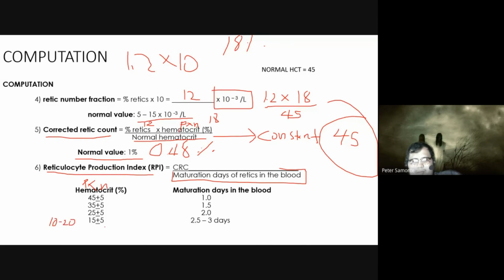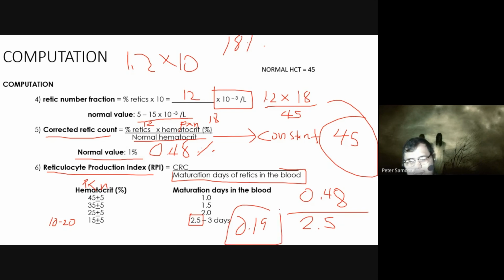From there, we could say that it has 2.5 days. So your CRC is 0.48 divided by 2.5. You would get 0.19 as the RPI. Okay? Understood, class?